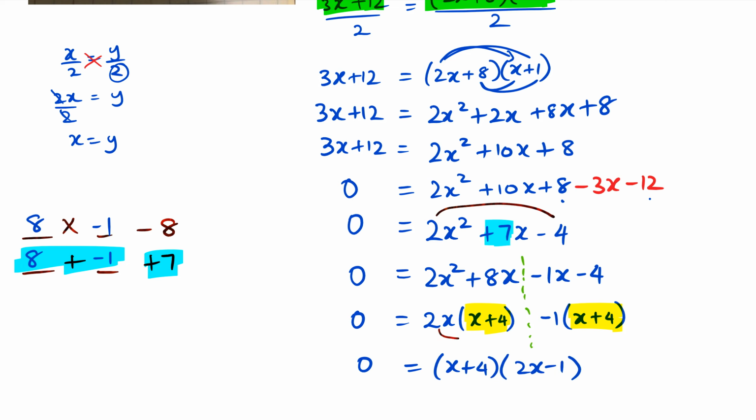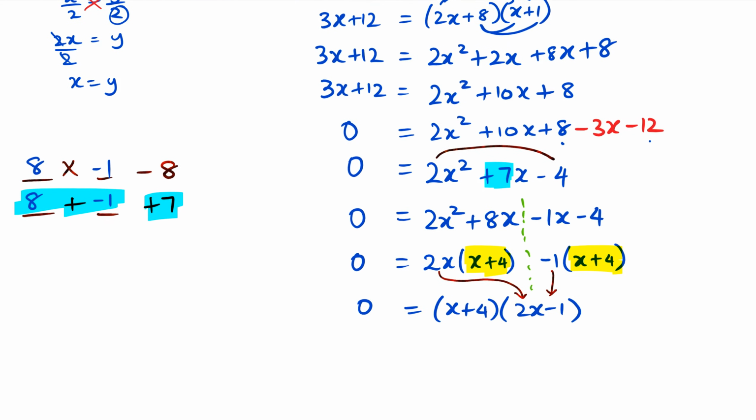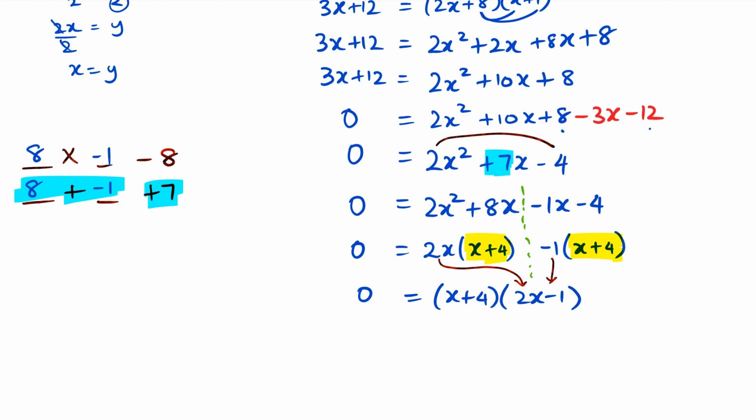Remember the 2x comes from here and the minus 1 comes from there. So x plus 4 equals 0, or 2x minus 1 equals 0. In the first case x is equal to negative 4, and in the second case 2x equals 1, which means x is equal to 1 over 2.